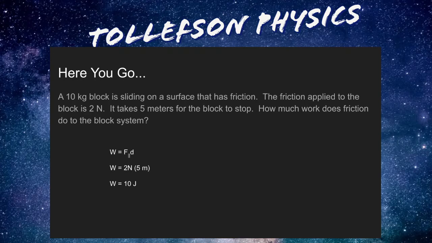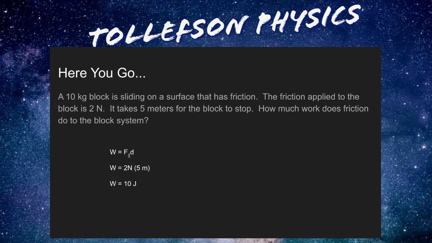So here's the solution. Work is the force that's in the direction of the displacement. And so force parallel times distance is one way to write that. We have a 2 newton force, and it traveled 5 meters. And so that's 10 newton meters, which is the same as 10 joules. Remember, work is energy.